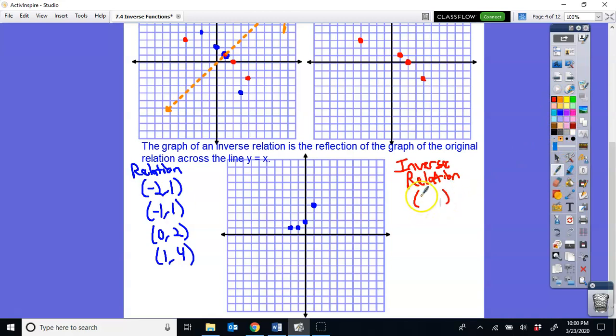So this first point would be 1, -2. This second point would be 1, -1. The third point would be 2, 0. And the fourth point would be 4, 1.